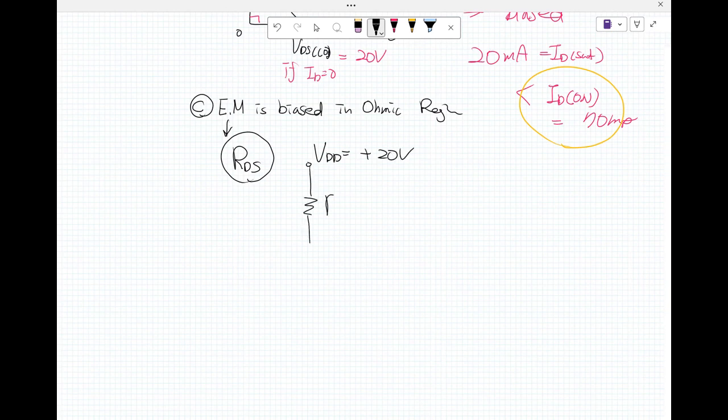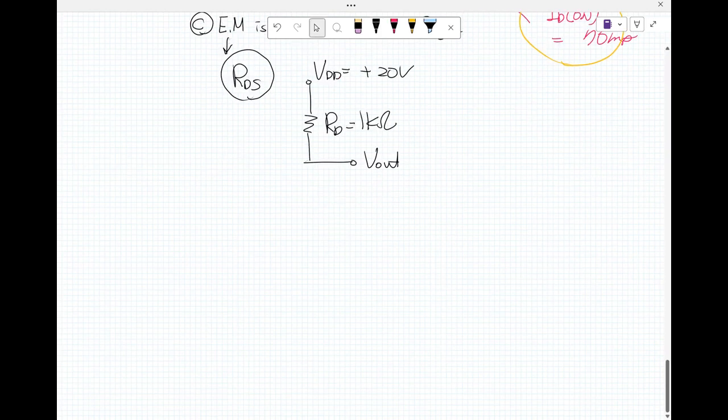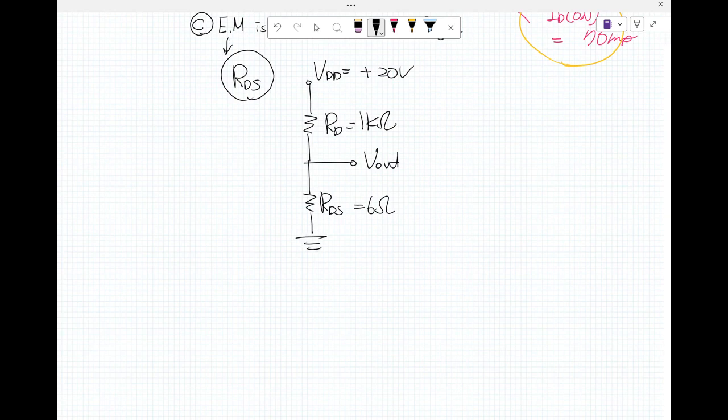There was R sub d, 1 kilo ohm. And the MOSFET's R sub ds is 6 ohm. It's really smaller than the drain resistor, but you know.